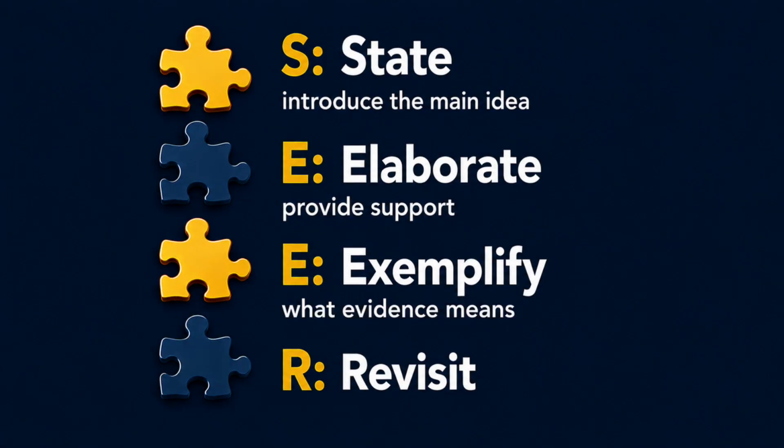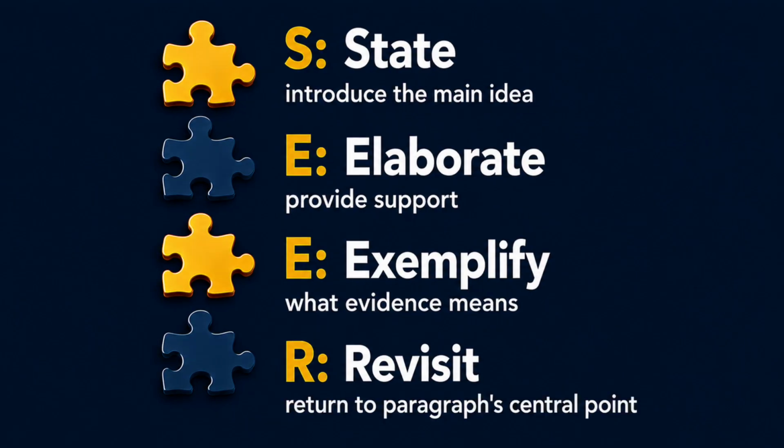Then the explanation comes in, which helps readers understand what the evidence means. This is where writers connect information to understanding. And finally, the revisit returns to the paragraph's central point.